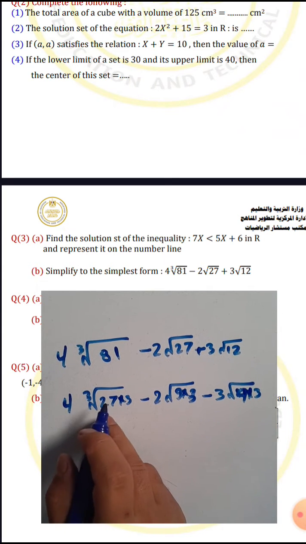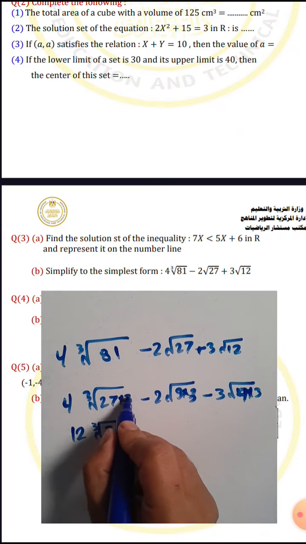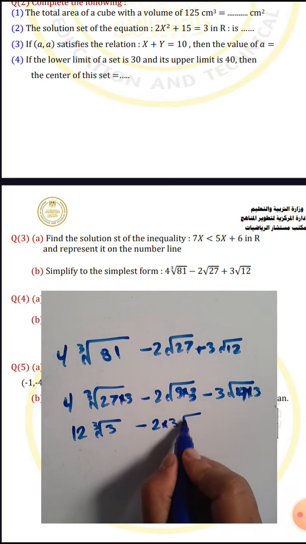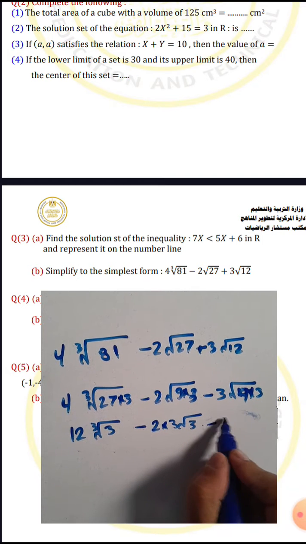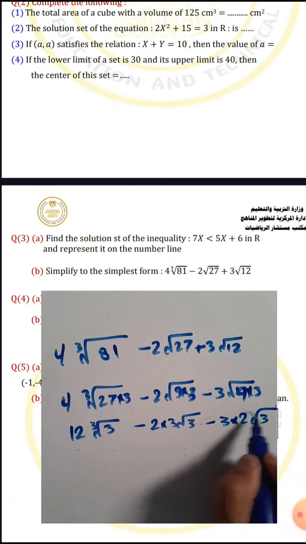Cubic root of 27 will be 3. 3 times 4 equals 12, and the cubic root of 3. 2 times square root of 9 will be 3, and write square root of 3 subtract 3 times square root of 4, 2 times square root of 3.